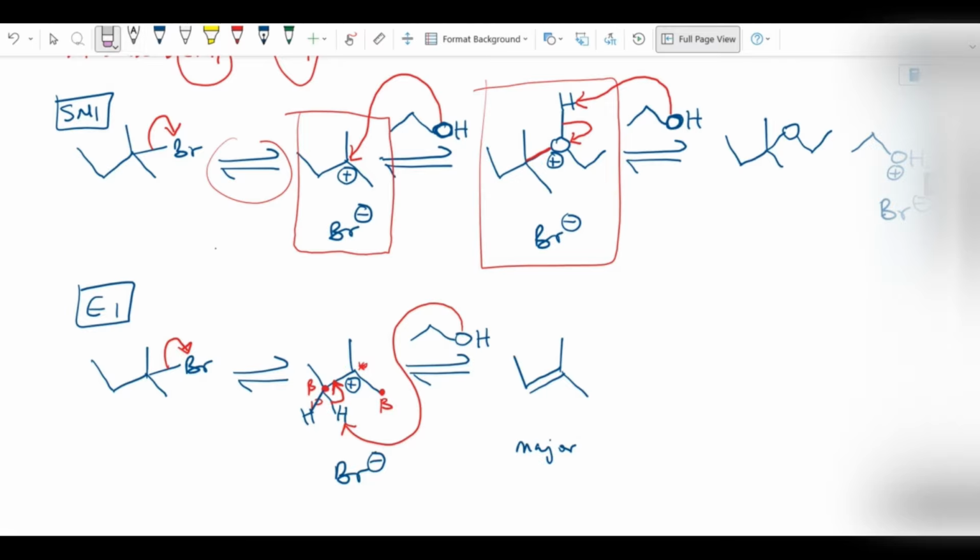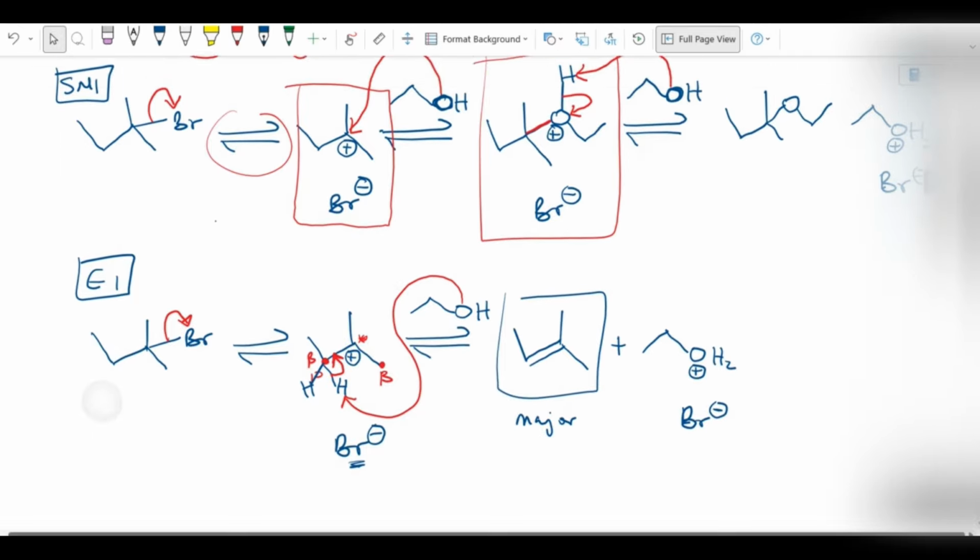So we also have the conjugate acid of the base. Now, the bromide anion will be attracted to the oxonium ion. And this will be the mechanism for the major product.